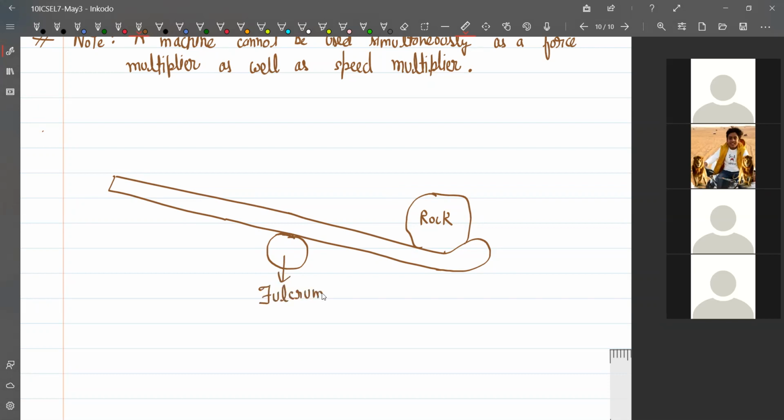Fulcrum is something which helps you pivot the object, pivot the plank. And you can apply force over here, maybe by your hands or by your feet. This is your force or your effort.